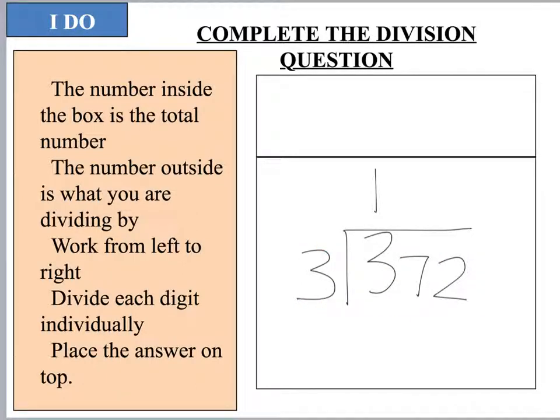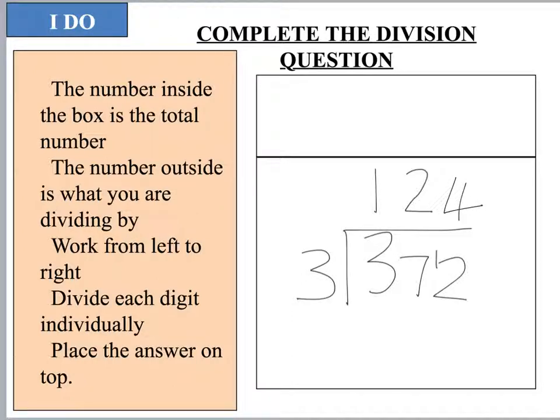Well, I know that that's quite easy. 3 goes into 7 twice, and there is 1 left over. If I count up in threes, 3, 6. To get to 7, I just need 1 more. So I put that 1 next to the 2. I've used up 6 of my 7. 2, 3, 6. And I've got 1 left over. So now I have 12 divided by 3, and that is going to give me 4.